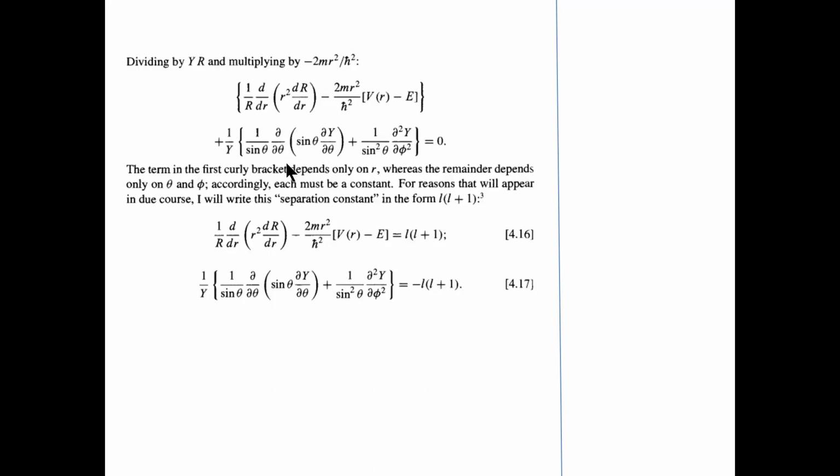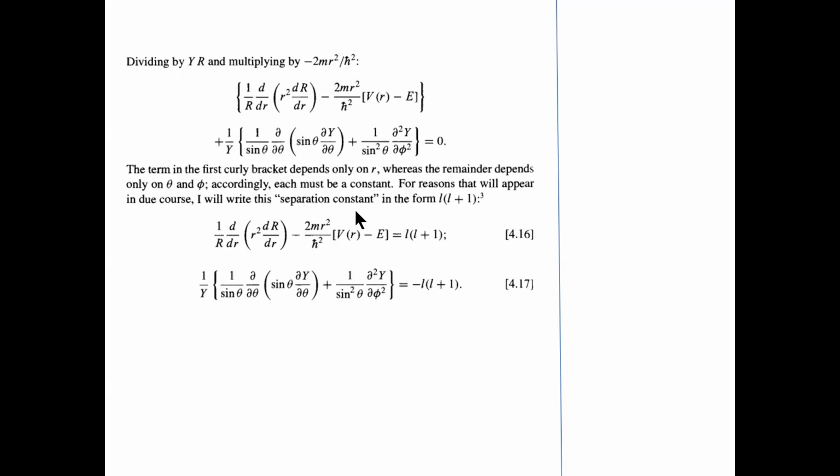Since the variables are separated, there is no interdependence, so we say the term in the curly brackets is a constant, and this is the negative of that constant. That way the sum will be equal to 0. This is how we write the separation constant.